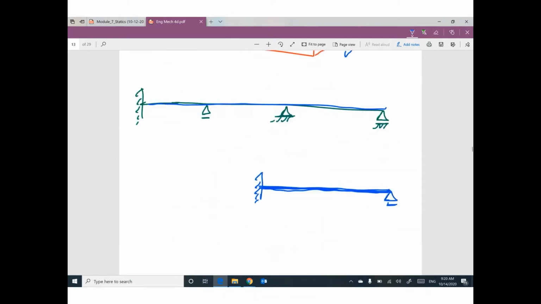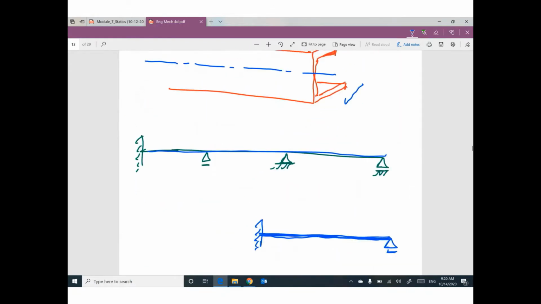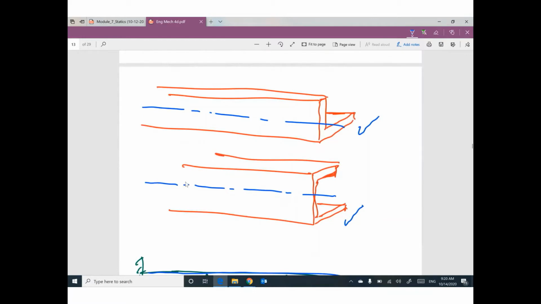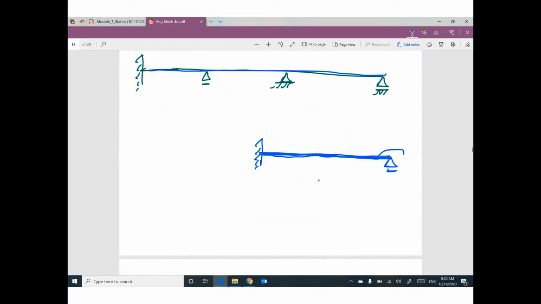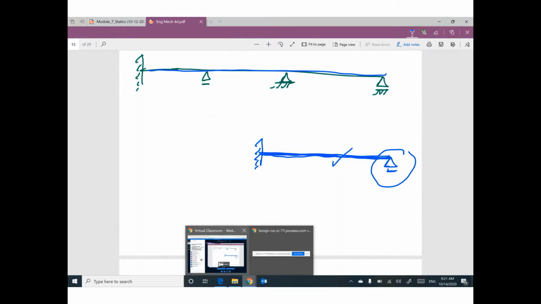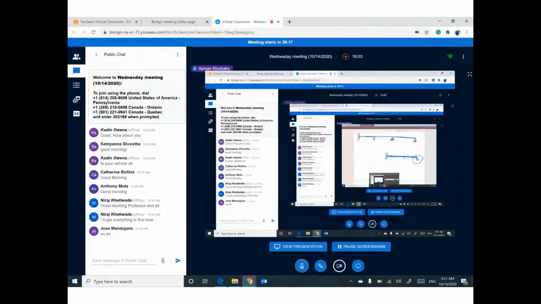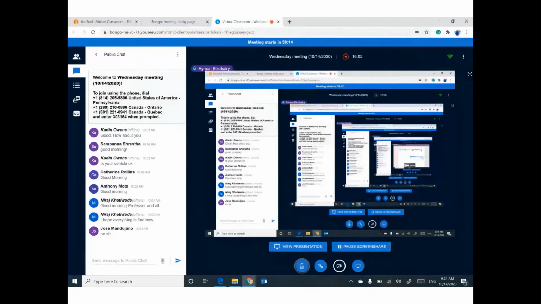This line represents the center line of this real shape. What is the meaning of this support? This support represents something else supporting this beam. Anybody have any question for this point? It's important to understand what's going on. Anybody has any question? Okay.